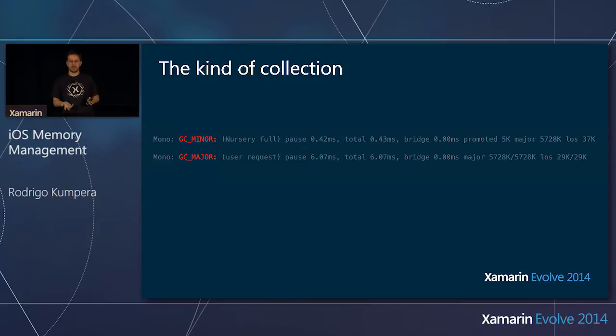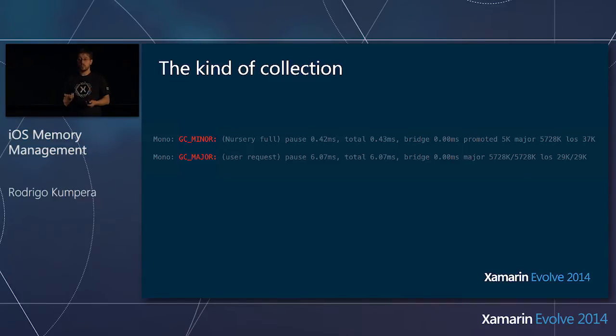First thing, the kind of collection. SGen is a generational collector, so it does minor collections or major collections. Minor collections just collect a very small part of the heap, so they're very fast. They're going to be much more frequent, but super fast. Major collections are when SGen has to collect the whole heap, so they're going to be slower.